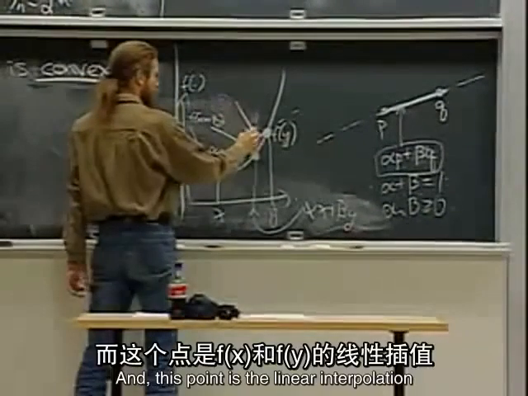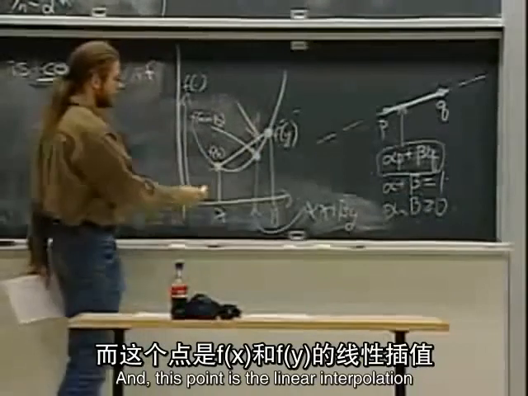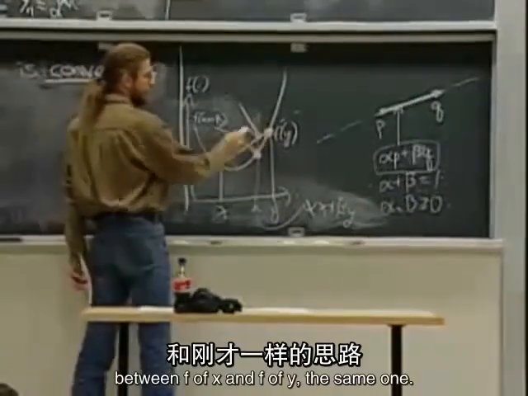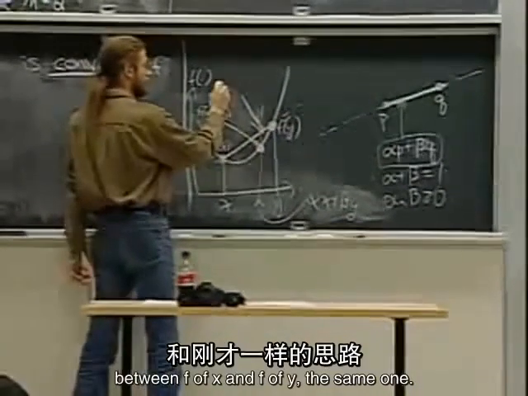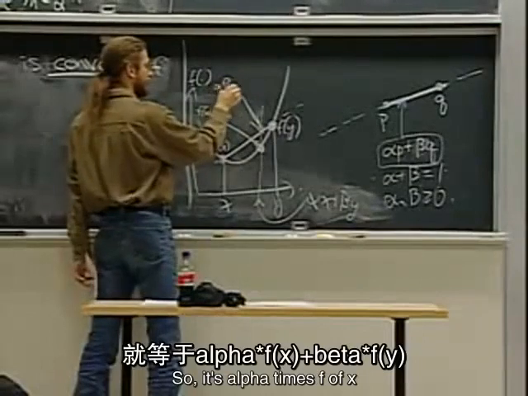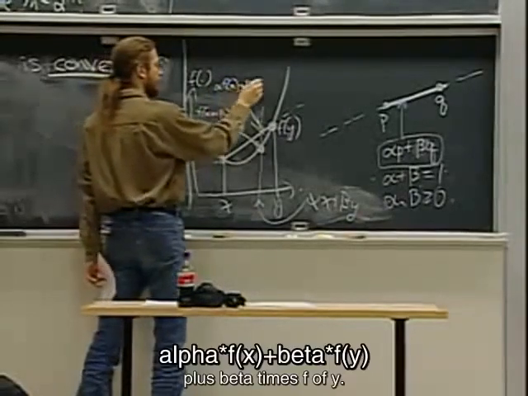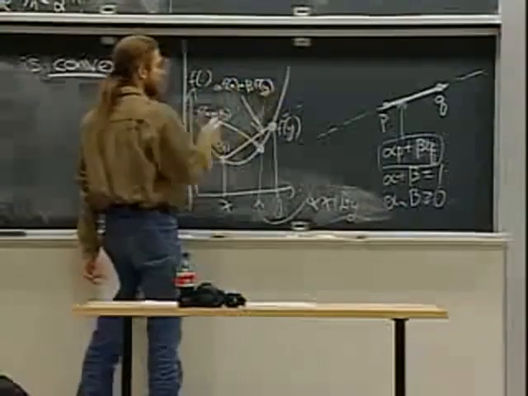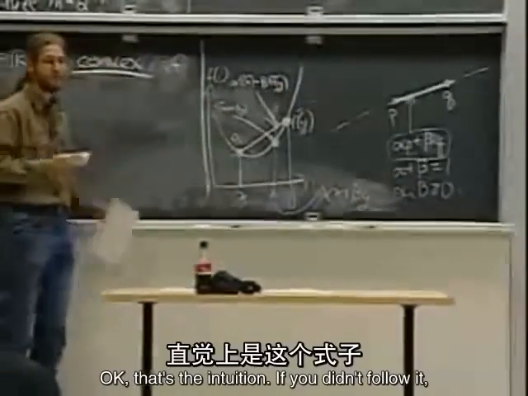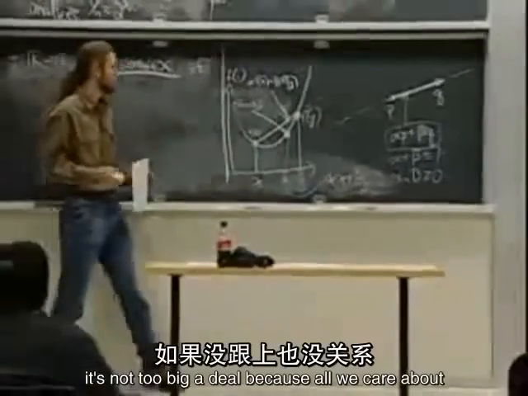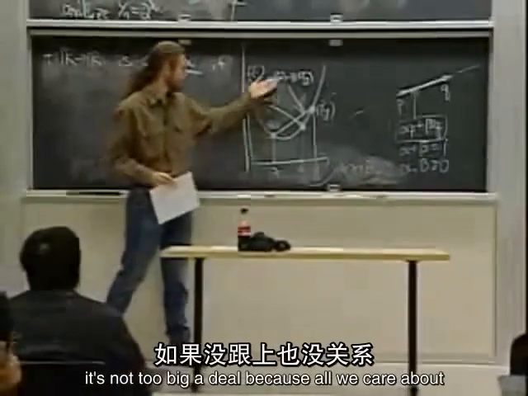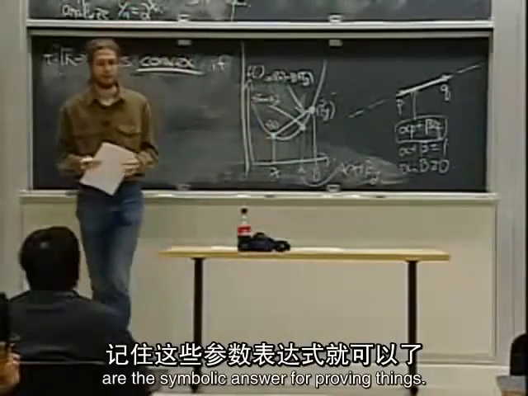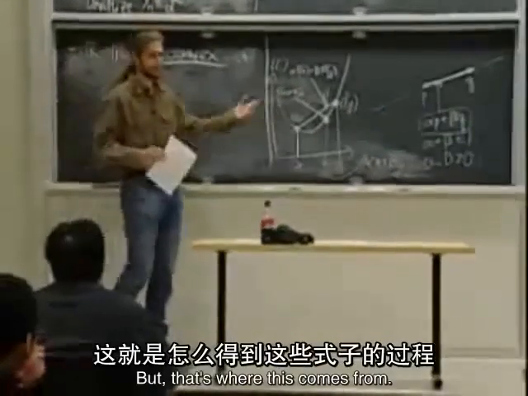And this point is the linear interpolation between f of x and f of y, the same one. So it's alpha times f of x plus beta times f of y. That's the intuition. If you didn't follow it, it's not too big a deal because all we care about is the symbolic answer for proving things. But that's where this comes from.